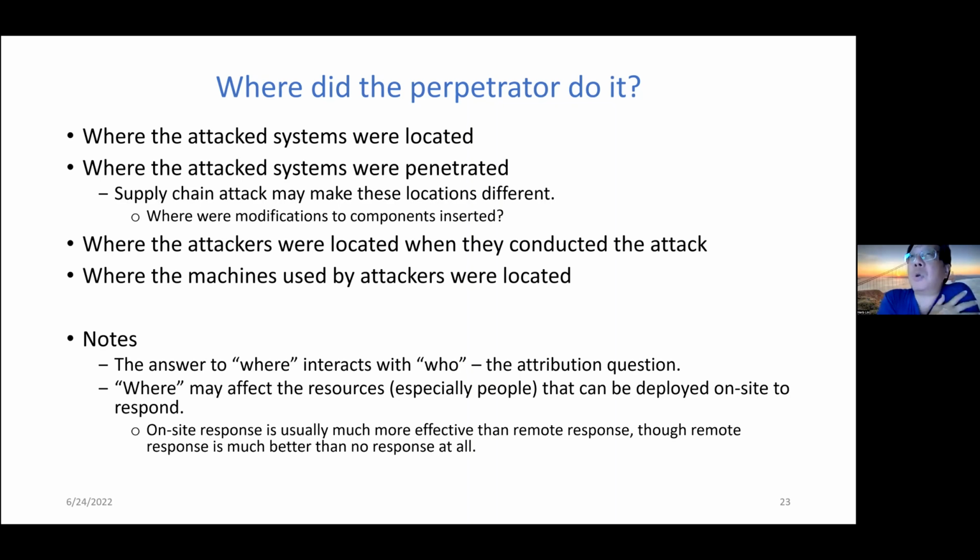Let's say they have their computers there. You may be able to seize their computers and get information from them, if they're located in a place where you have some friendly relations with the host government. So where affects the resources available that can be deployed on site to respond and to investigate.